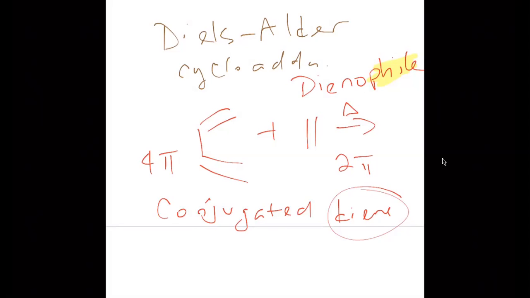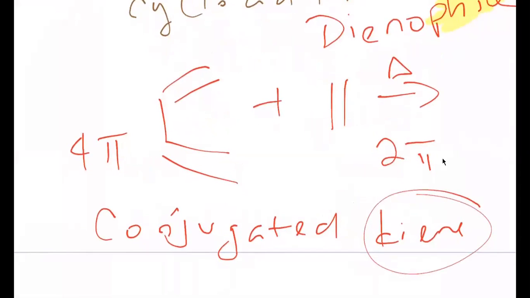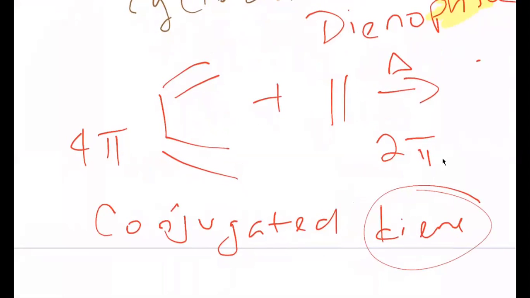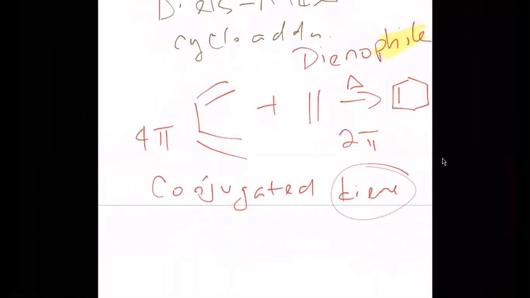I'm gonna have to zoom so I can fit it. Right? So that is the outcome. It's a 6-member ring, based on those two, the diene and the dienophile reacting together. All right, and we're gonna talk about the mechanism and all that stuff.